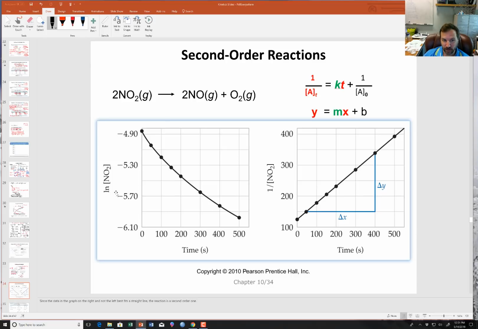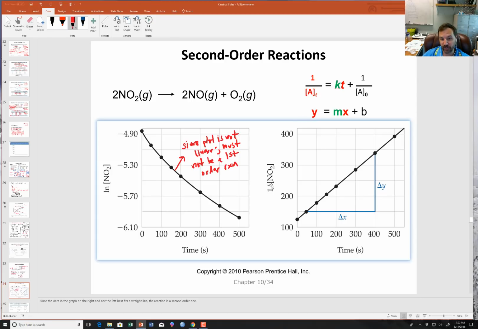If we take the natural log, that's the first order, that also gives us a curved graph. So now we know that if we plot natural log and it's not linear, it must not be a first order reaction. So this is not a first order reaction.